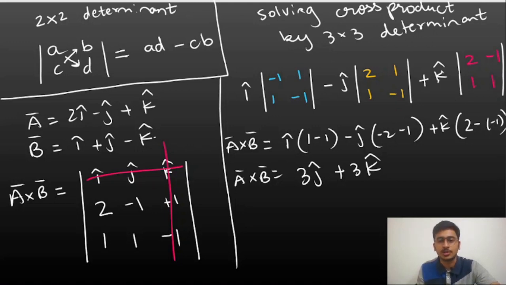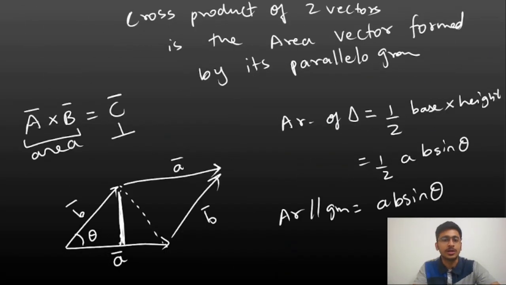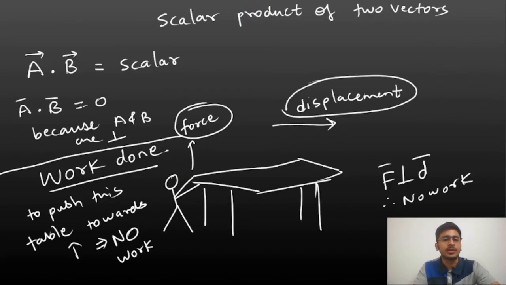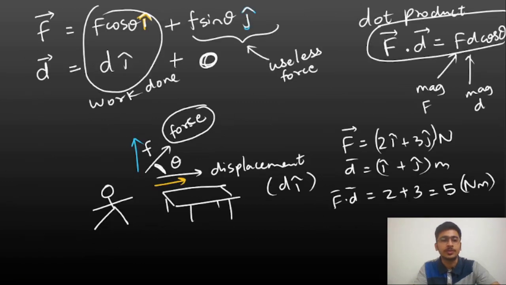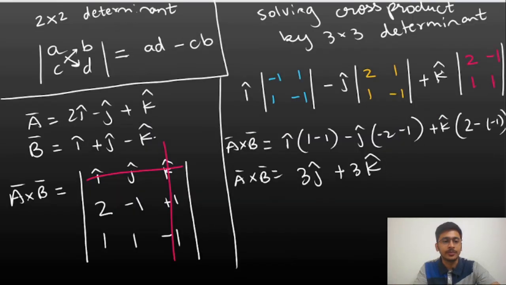So this is how we do cross product. Cross product basically means the area. We had also seen dot product, which is nothing but the components, how much the components affect the other vector.